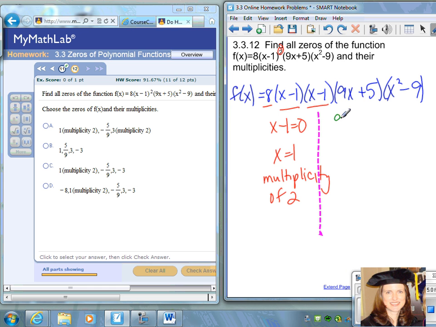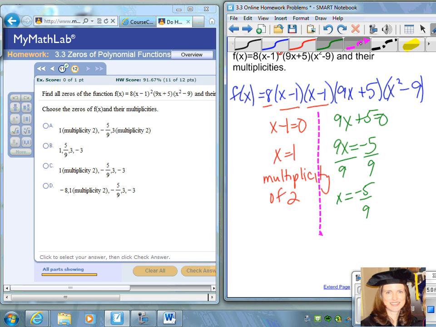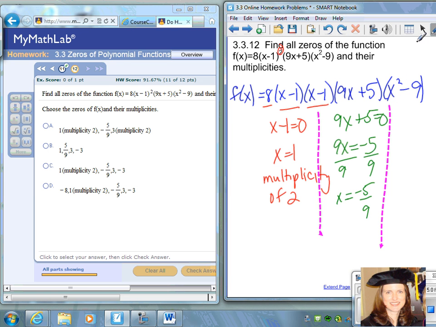So if we set 9x plus 5 equal to 0, subtract 5 from both sides, we get 9x equals negative 5. Divide by 9, and we get x is equal to negative 5 over 9. That's another 0 of the polynomial. And then finally, that last part, we set x squared minus 9 equal to 0.